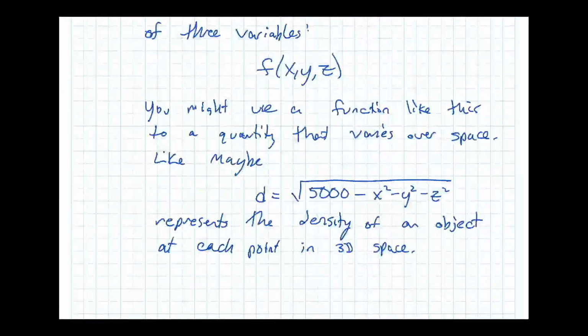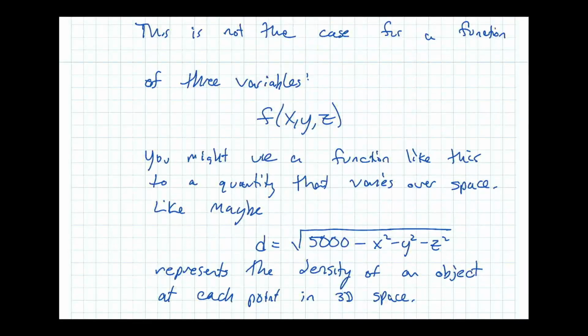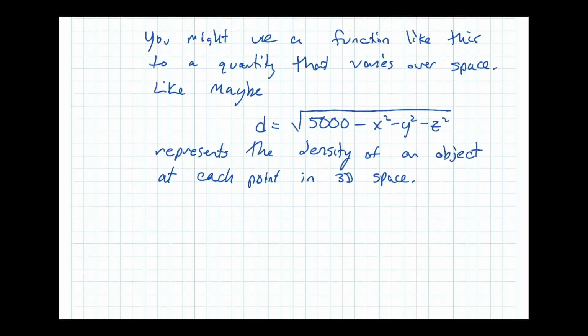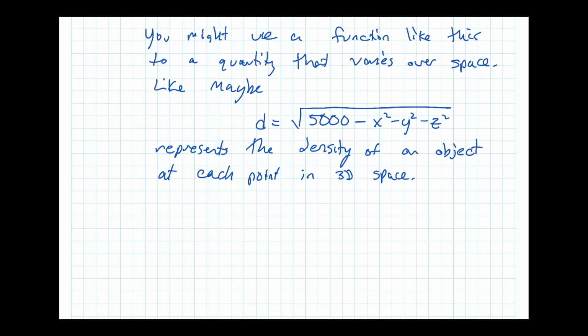The x, y, z are all things in space, and the actual number here is calculating something else, like a density in space, or like charge density in space or something like that. Okay, so they are used for different things, but that's a function of three variables as an example.